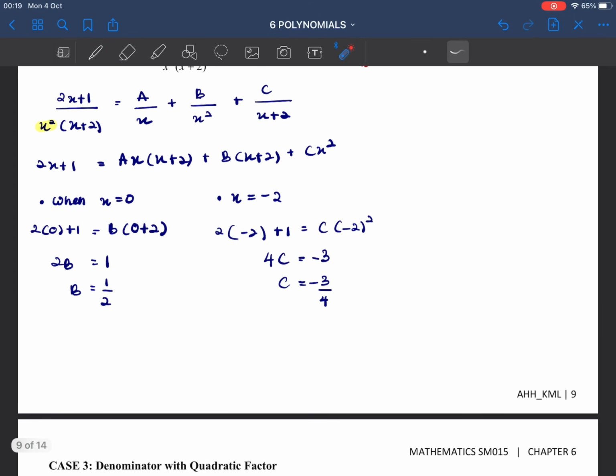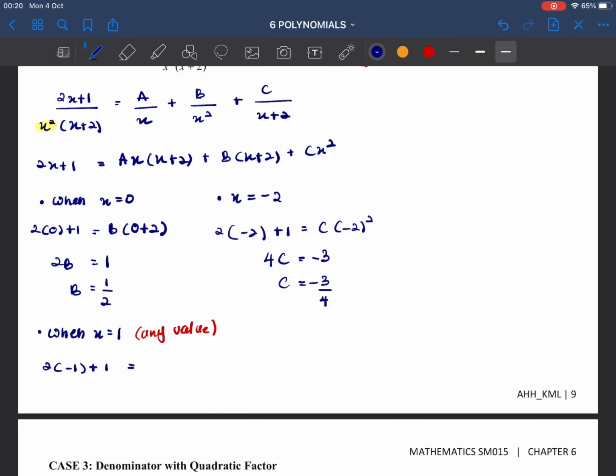Don't put 100, you will be tired calculating. So let's choose from the smaller ones. 0 is already there, so choose the next one. Let's choose when x equals to 1. Choose easy numbers. Any value is fine. So now substitute 1, we have 2 times 1 plus 1.